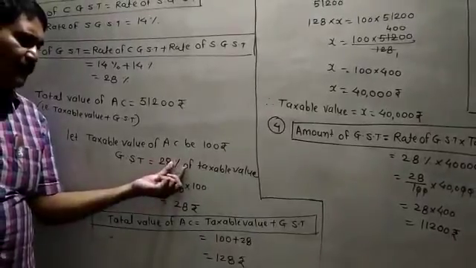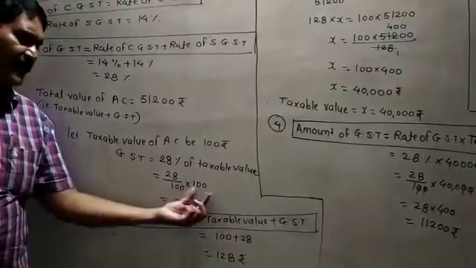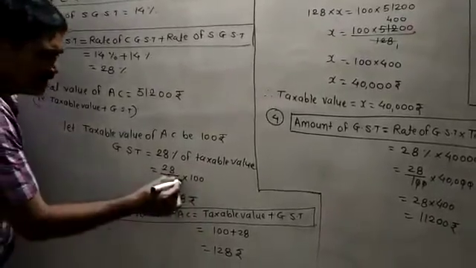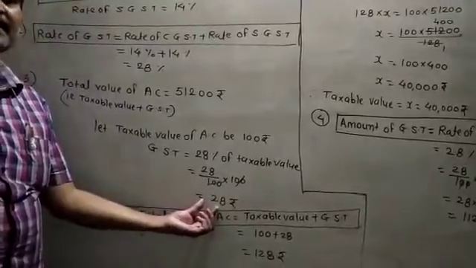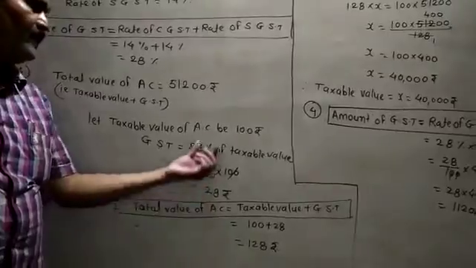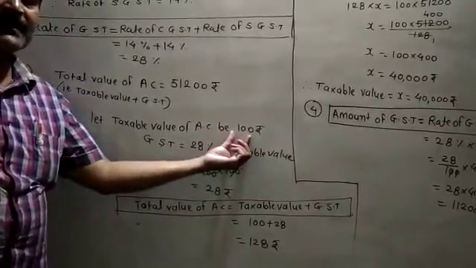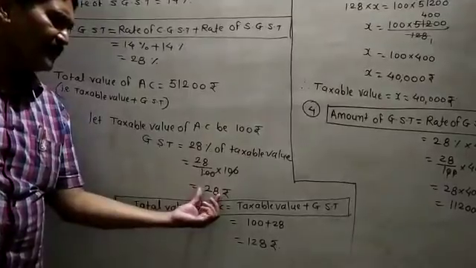If you remove the percentage sign, this becomes 28 upon 100 and taxable value is 100. So this 100 is cancelled with this 100. The amount of GST will come 28 rupees when the taxable value is 100. On taxable value 100, the amount of GST is 28.